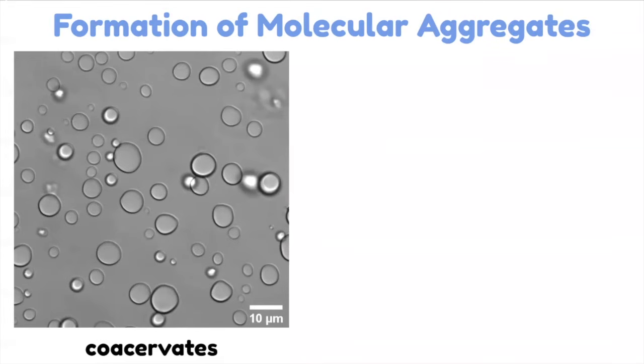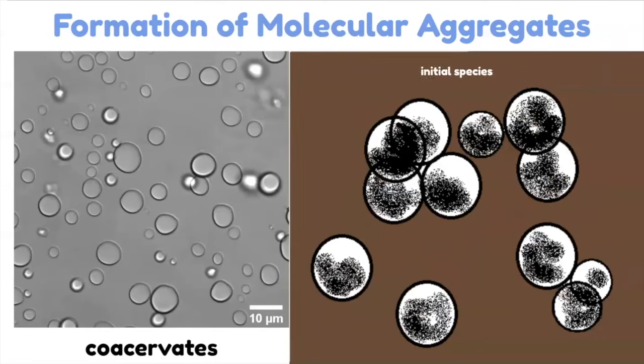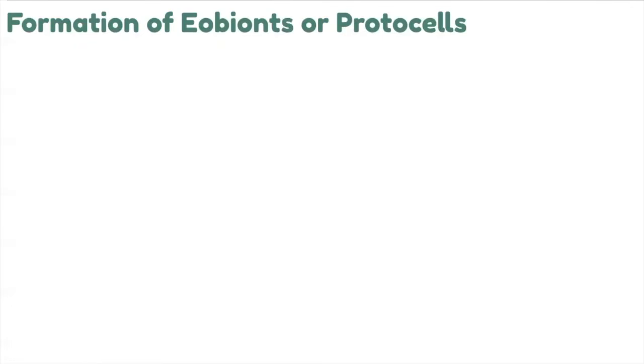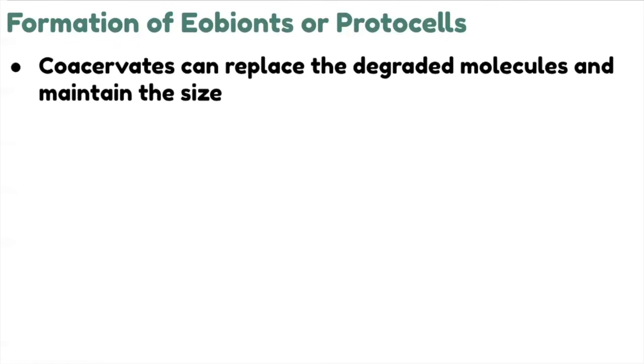Remember that these coacervates are the initial species present in the ocean to start the formation of primary cells. This process is accomplished in two steps. The first step is the formation of eobionts or protocells. Take note that coacervates have the ability to take up new molecules to replace the degraded molecules and maintain the size.